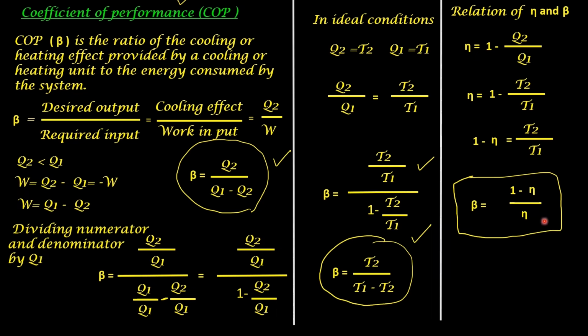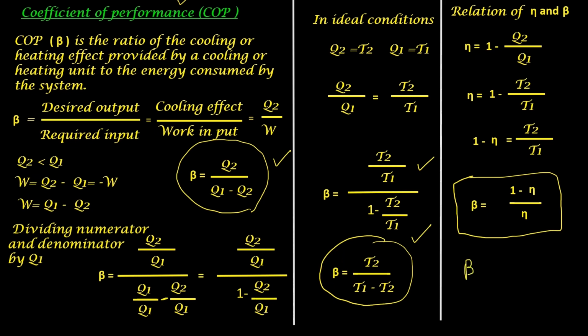From this equation, we understand that beta actually stands for efficiency. That is, coefficient of performance of the refrigerator stands for the efficiency. Now, the second point, look at this equation. Beta is equal to T1 divided by T1 minus T2. From this equation, it is clear that less the difference between T1 and T2, that is the temperature of the source and the sink, respectively, greater the coefficient of performance beta.